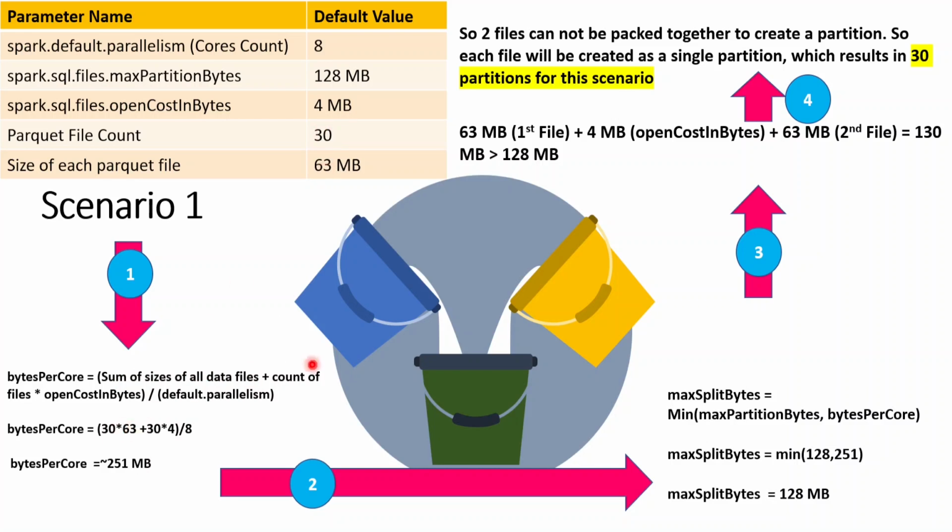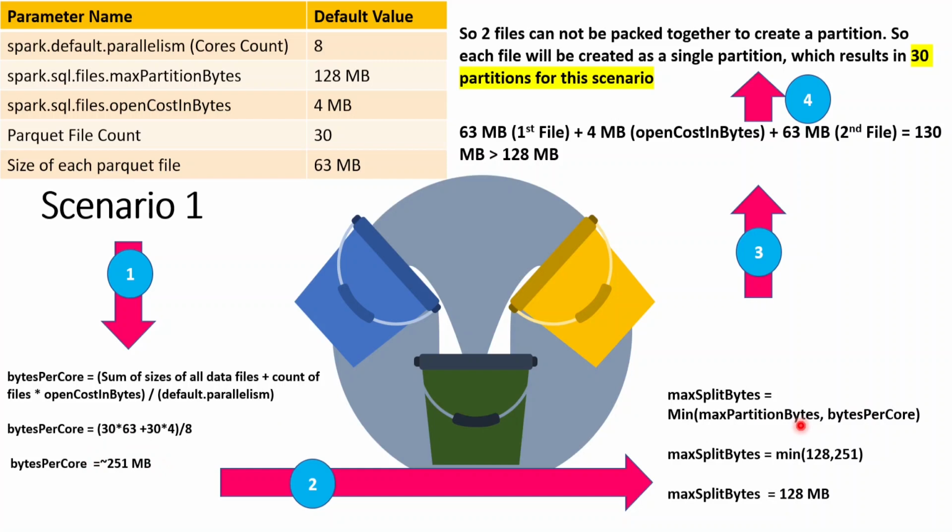Then after that, count of files multiplied by open cost in bytes, so the count of files is 30 and open cost in bytes is 4. So 30 multiplied by 4, divided by default parallelism, that is 8. Whenever I apply this formula, I get bytes per core approximately 251 megabytes. So in the first step, the Spark engine will internally calculate this value, and it comes to 251.